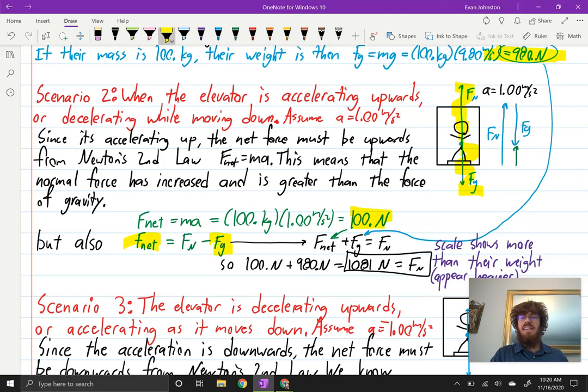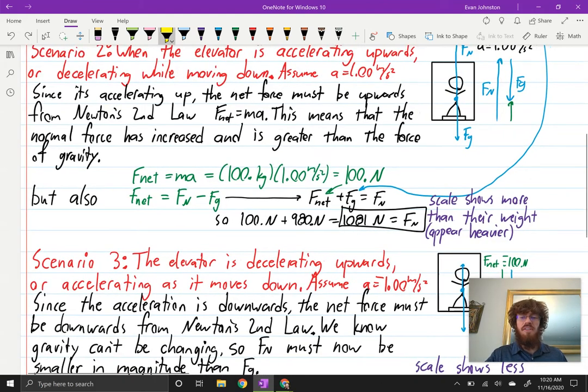It's 980 up here, right? So since we know both of those, we can just add this Fg over to this side. And then we see that the 100 newtons, because that's the net force, plus their force of gravity gives me the normal force. So they do, in fact, appear heavier. The scale shows a heavier weight than normal.